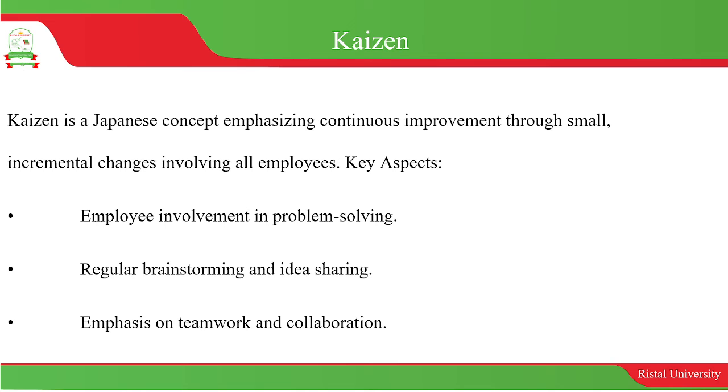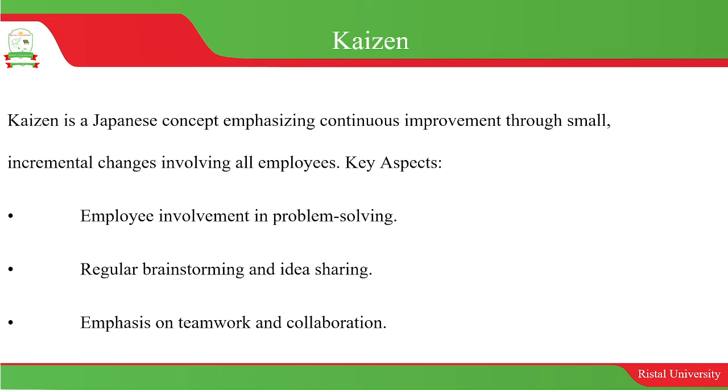Let's look at the Kaizen. Kaizen is a Japanese concept emphasizing continuous improvement through small incremental changes involving all employees. We can see how generous they are here. That means for all the employees in the system, we always have to make sure that they are developing and getting incremental changes.